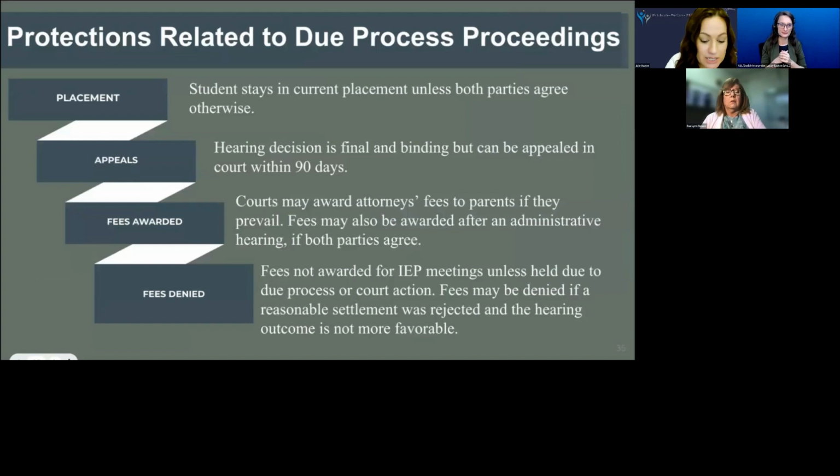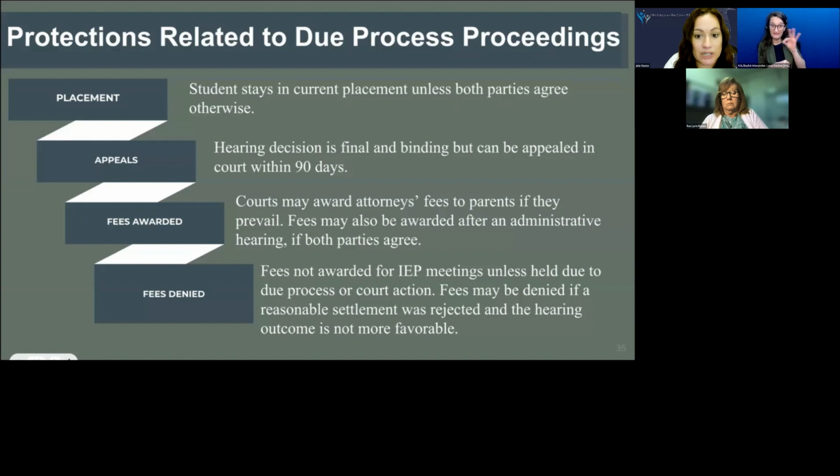During the due process proceedings, the child involved must remain in the current educational placement unless the parent and the school district agree on another placement. Appeals. The hearing decision is final and binding, but can be appealed in court within 90 days. Fees awarded. Courts may award attorney's fees to parents if they prevail.